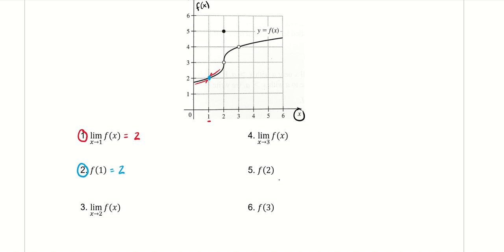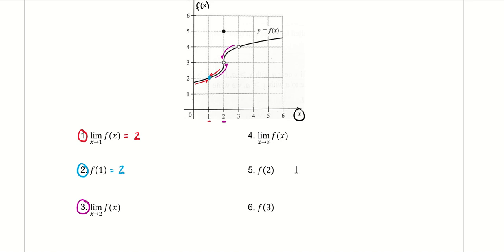What about this one? The limit of f of x as x goes to 2. So here's 2, and again, let's draw on our picture. If I approach 2 from the left-hand side, it looks like my function is going to 3. And if I approach it from the right, it looks like my function is going to 3.